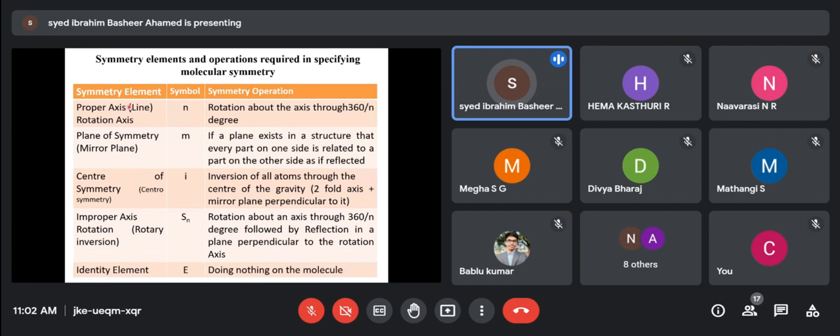There are symmetry elements, and these are 5 symmetry elements which you will be operating. Proper axis, or rotation axis, is indicated with N, so you will be rotating along 360 divided by N degrees.